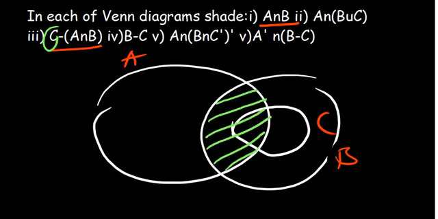We are not interested in that region; we need to remove it from C. So what we remain with is the part that I'm shading in red. The part that I've shaded in red is what we are required to shade.